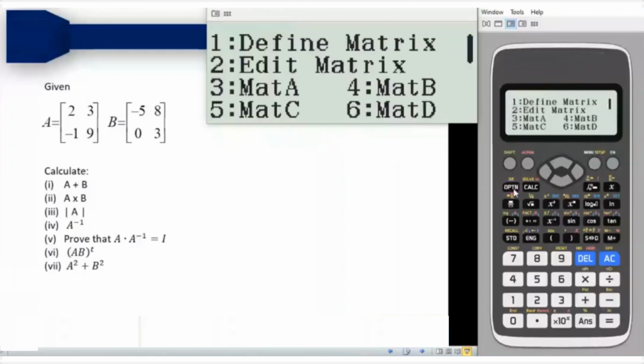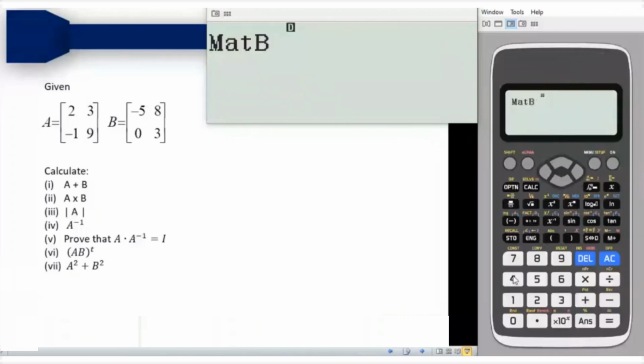Once I pressed option, since I want to find inverse of matrix B, I will press 4 and my screen will display matrix B. I need to find inverse of B, so I will press this inverse button.